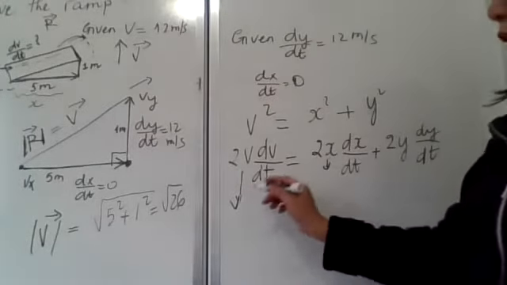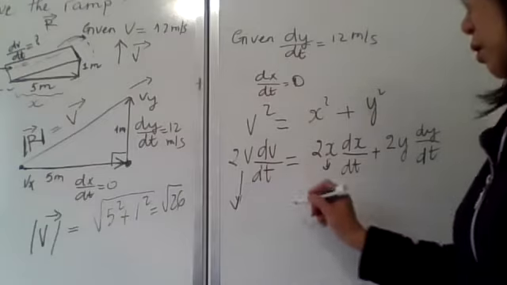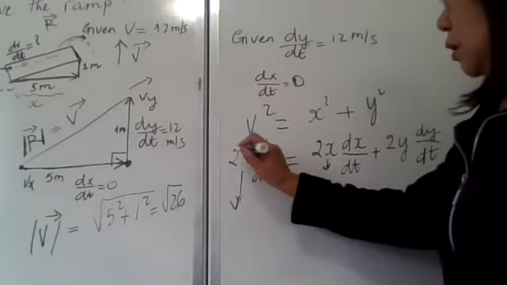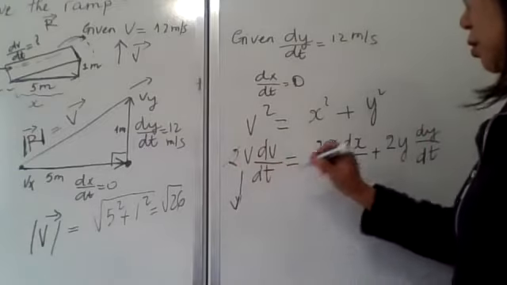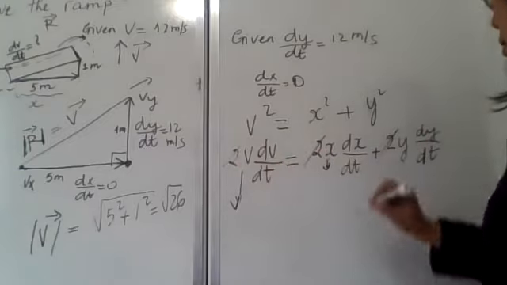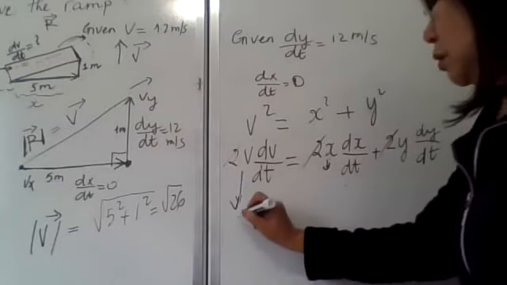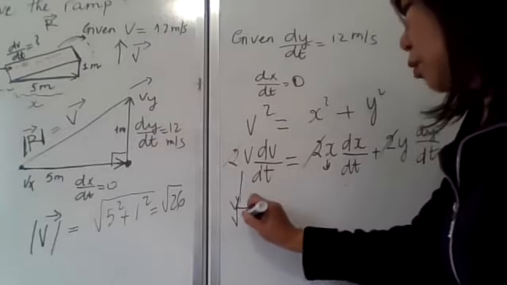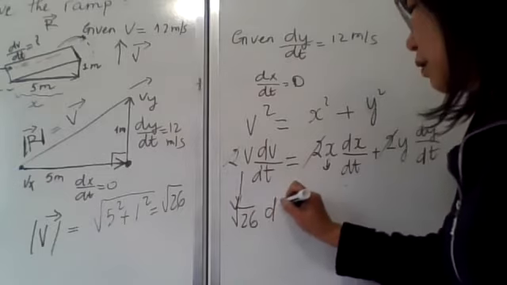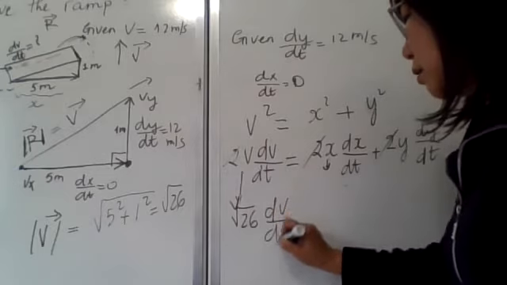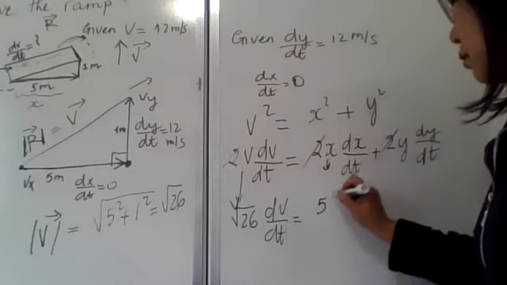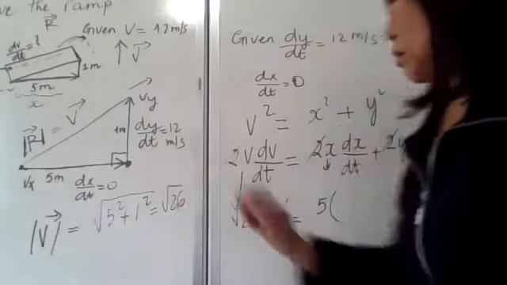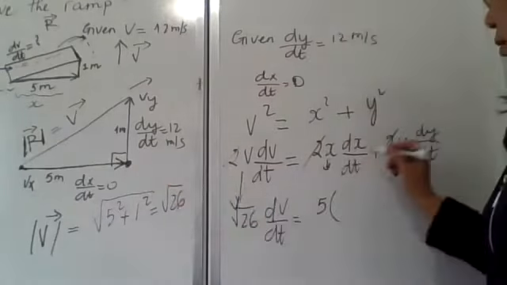So now everything we know, let's substitute in. But before we substitute in, let's divide both sides by 2. So I'm going to cancel the 2 here, the 2 here, and the 2 here. Now we substitute v by the square root of 26. dv over dt equals x, which is 5, from here to here, and dx over dt is 0.